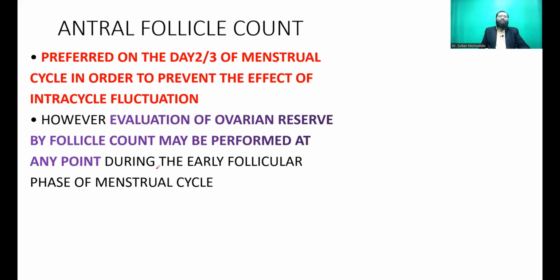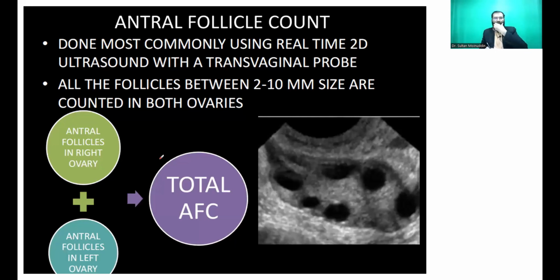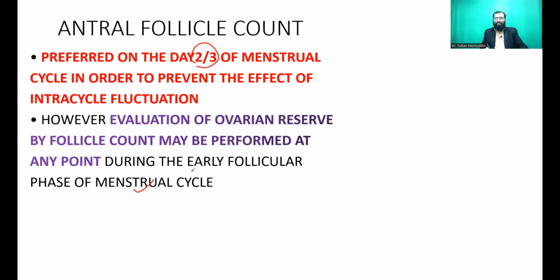Antral follicle count is preferred on either day 2 or day 3 of menses in order to prevent the effect of intracycle fluctuation. However, evaluation of ovarian reserve by follicle count may be performed at any point. Okay. Now, during the early follicular phase of the menstrual cycle. Why early phase?